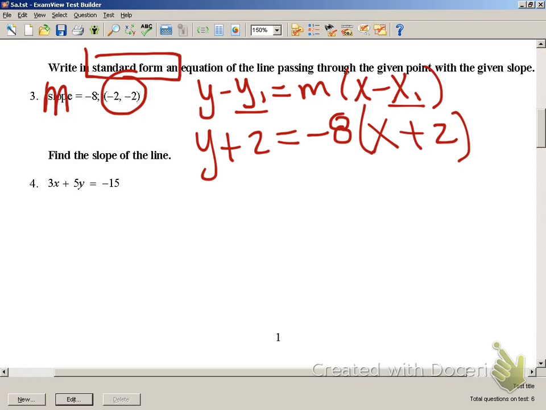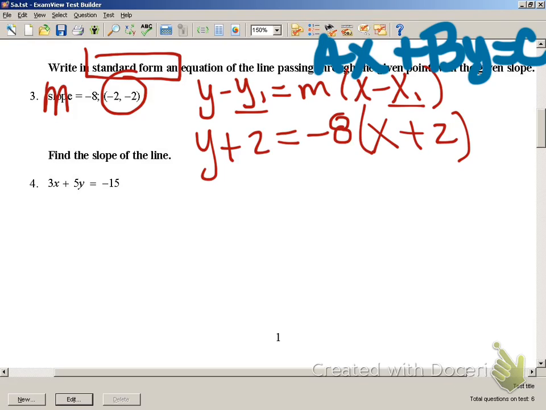Standard form is ax plus by is equal to c. So I've got to get that equation in that form. I'm going to distribute. If there was a fraction with a number other than 1 as the denominator, I would use trouble here. But since it's a whole number, I can just distribute.